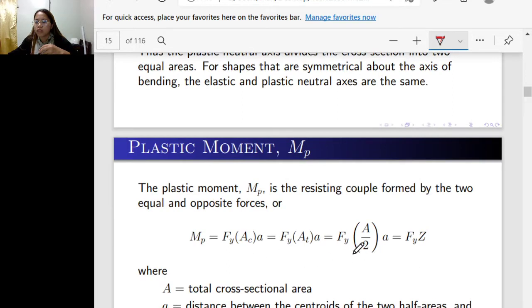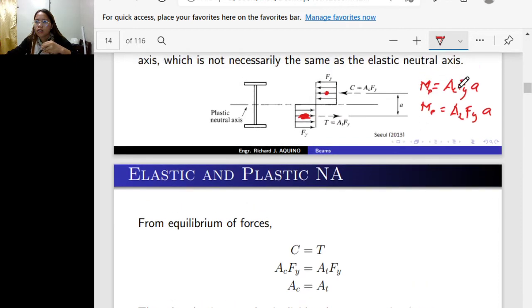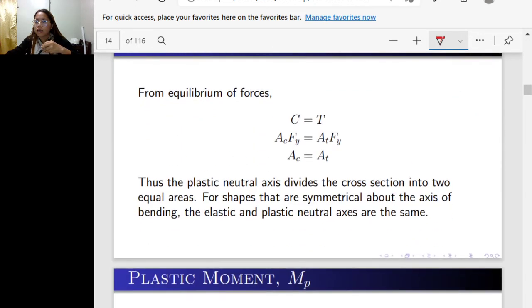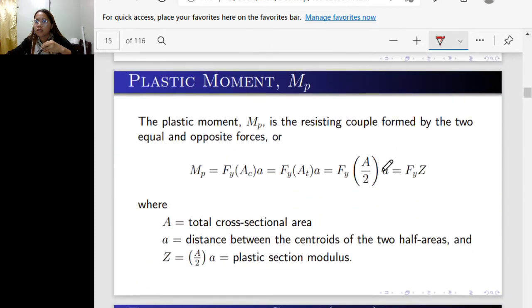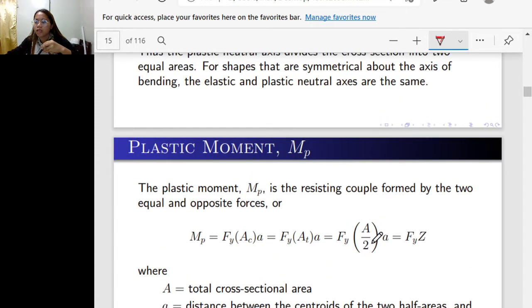So this is equal to A over 2, since the areas subjected to compression and tension are the same and each is just half of the total cross-section of the section.